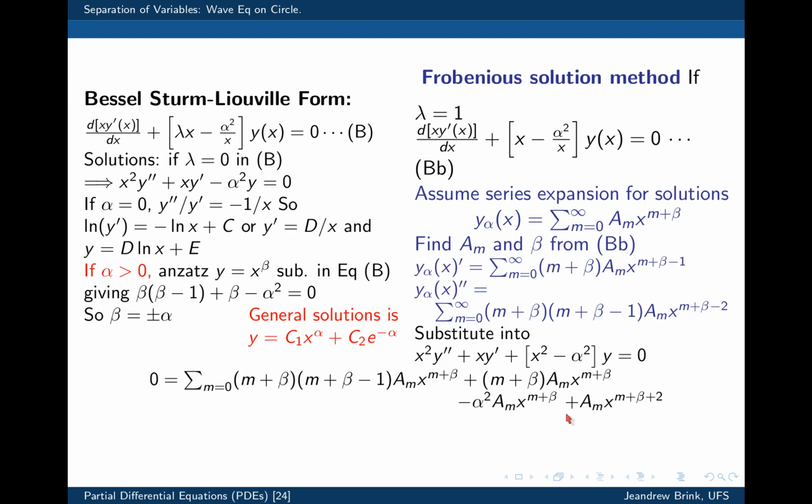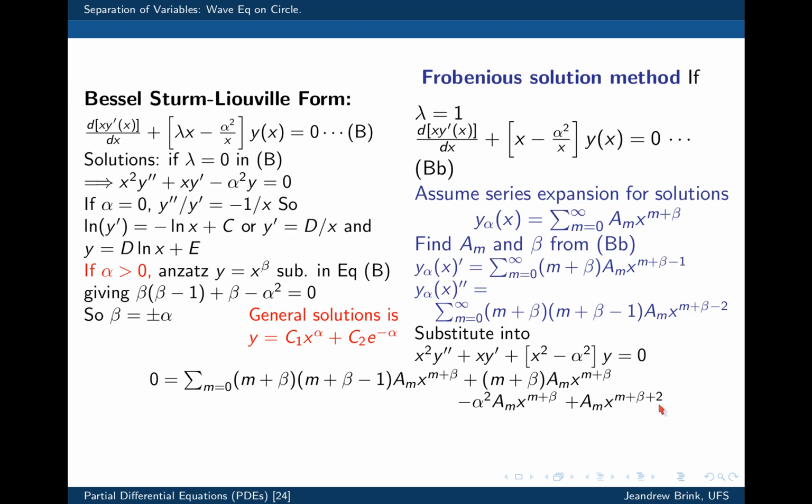Okay, and here comes the tricky term. The x squared multiplied by y gives you a plus 2 over here.